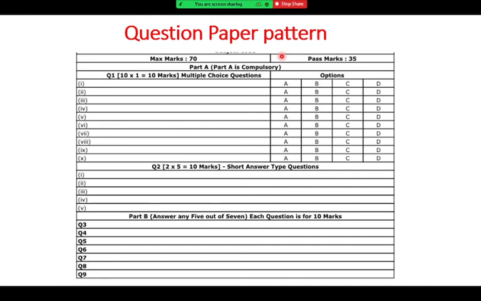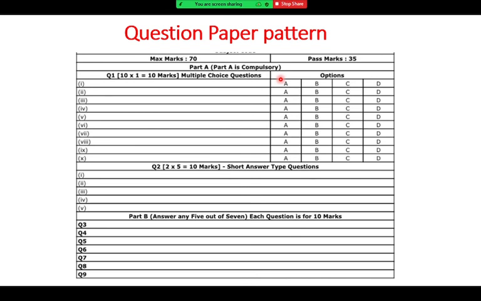Okay, so question number 1 is an MCQ, that is multiple choice questions. There will be 10 bits, each bit of 1 mark. To prepare MCQs, you should focus mainly on definitions and the properties. Then only you will be able to solve the MCQs.